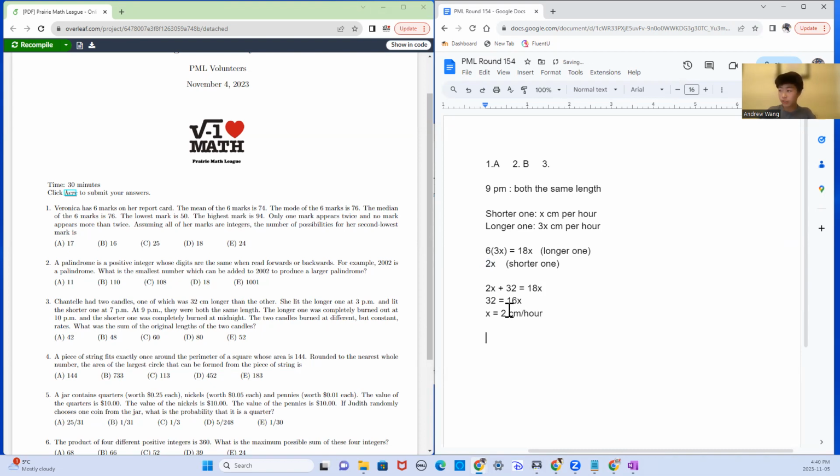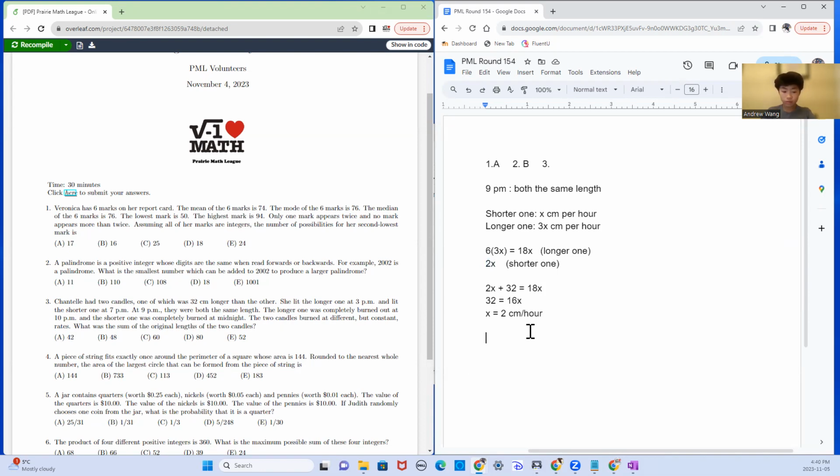So when we look at the candles, the shorter candle burned from 3 p.m. to 10 p.m. — no, the shorter candle burned for 5 hours total.